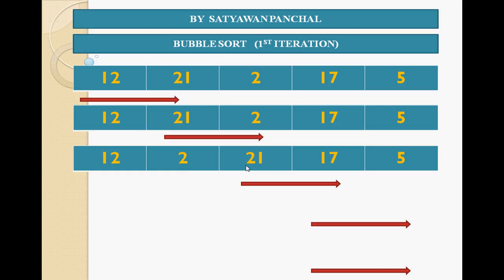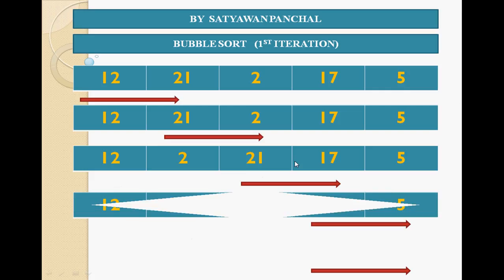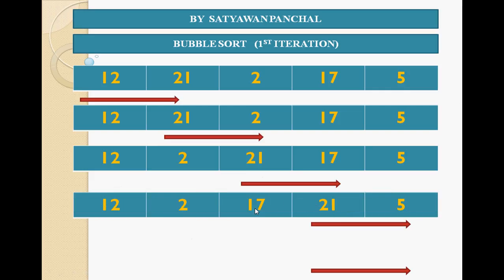Okay, so 21 will be shifted to the position of 2, and 2 will be swapped to the position of 21. Now in the next step 21 will be compared with 17, and we can see 17 is smaller, so 21 will be shifted to the right, and 17 is here and 21 is here. Now 21 is compared with 5, and 5 is shifted to the left as 21 is larger than 5.